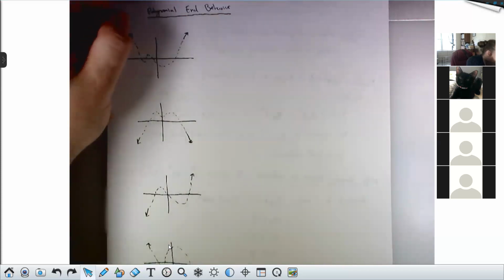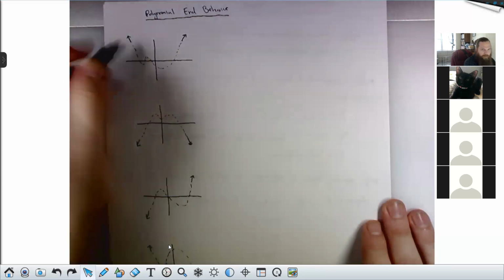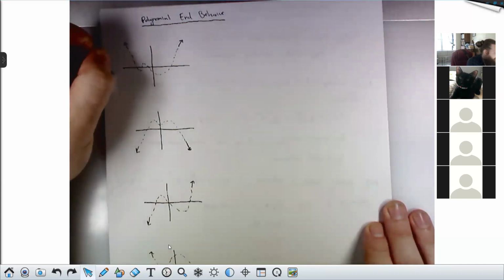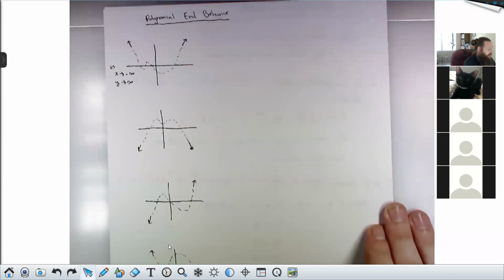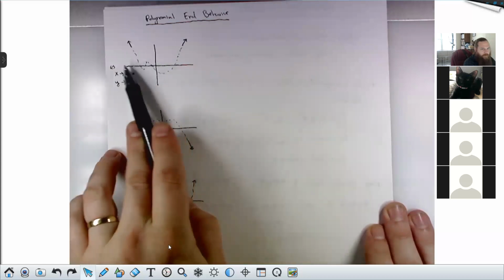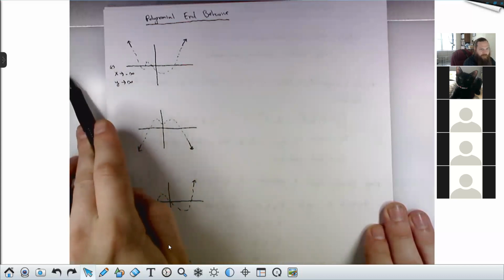The very first guy here, if I had to describe this, there's a special notation for this. The arrow on the left over here would say as x goes to negative infinity, y is going to positive infinity. And what that means is as x goes to negative infinity means as we wander really, really far to the left, right? Negative infinity is like over here.